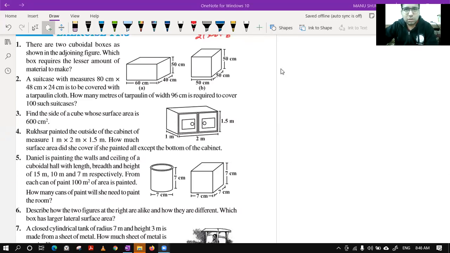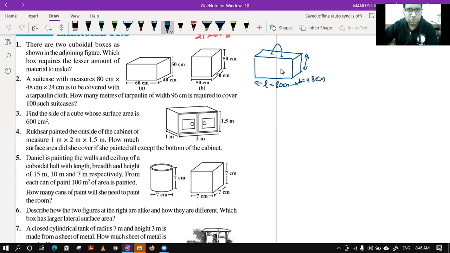The question was saying there is a suitcase. Let me take that blue pen. One suitcase's dimensions are given to you like this. So this is one suitcase with dimensions small l equal to 80 centimeter, small b equal to 48 centimeter, and small h equal to 24 centimeter.